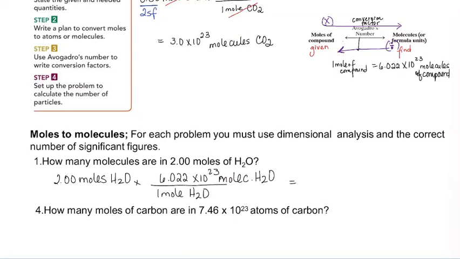And in the process, we're going to cancel the units of moles of water. And then in our calculator, we're going to do 6.022 times 10 to the 23rd times 2. So we get a calculator display that it is 1.2044 times 10 to the 24th. How many sig figs do we need to show in the result?